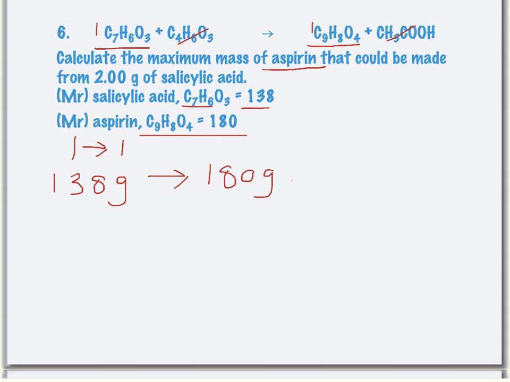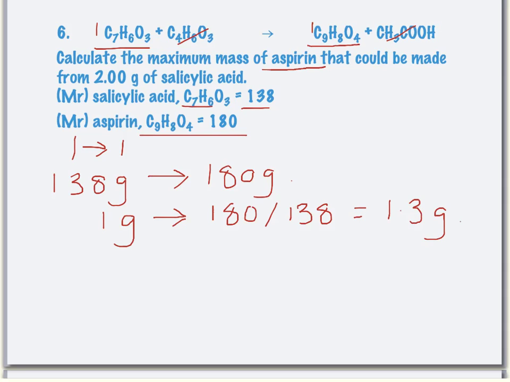So as usual, now we know how much 1 mole will make, how much will 1 gram make? So 1 gram will make 180 over 138, which will be equal to 1.3 grams.